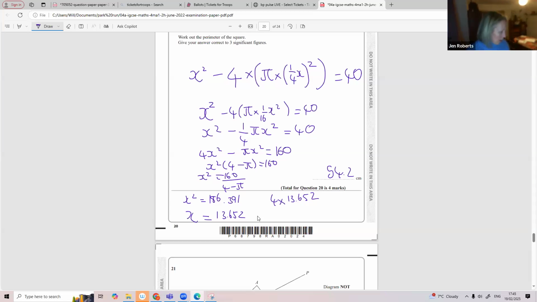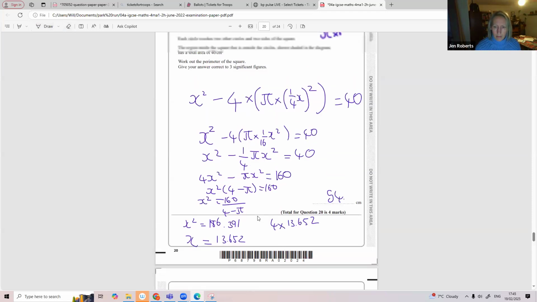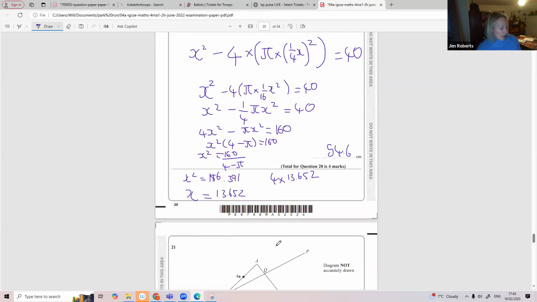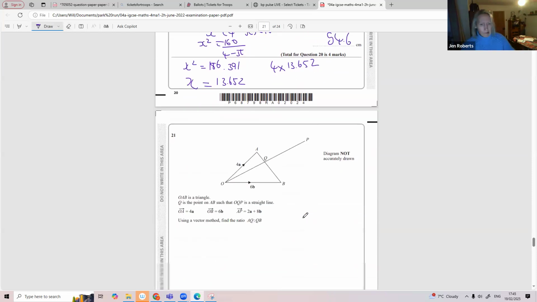Let's just have a look. Yeah, sorry. It is 54.6. I must have typed something else in my calculator. They do actually give you marks for anything between 54.4 to 54.7.